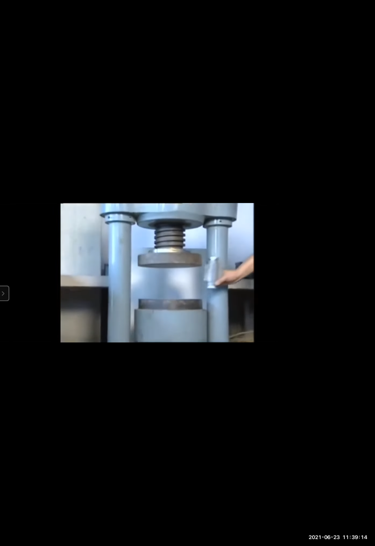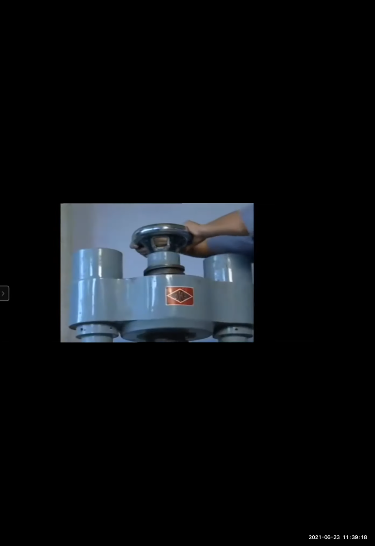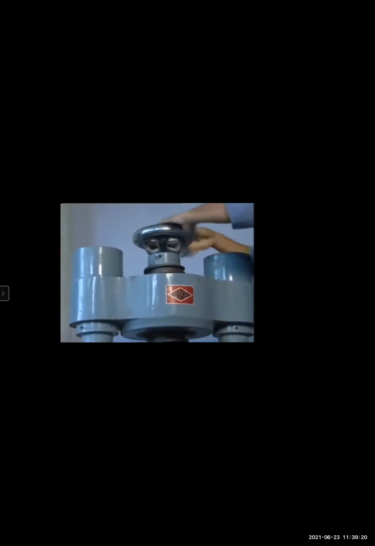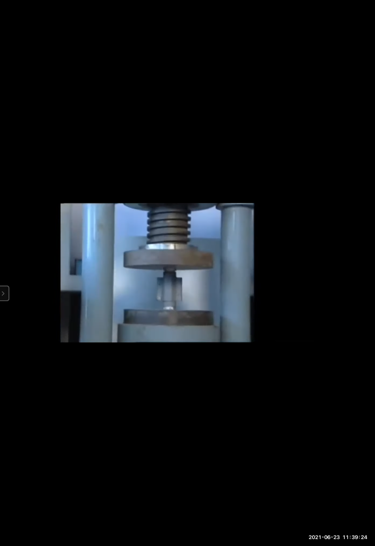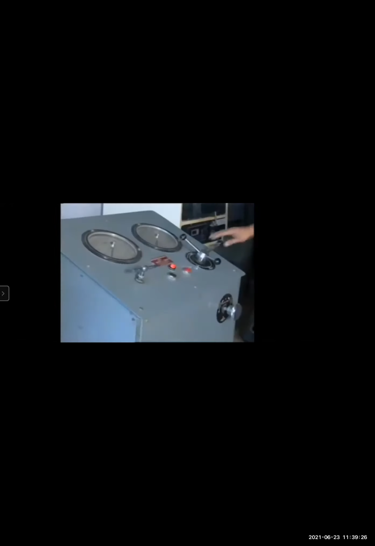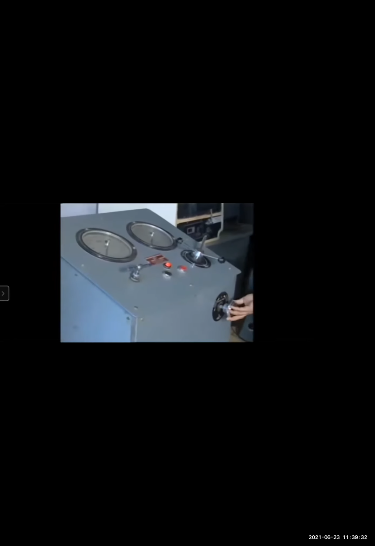Now place the ball below the plunger on the load frame. Now start the machine and apply the compressive load on the soil sample.